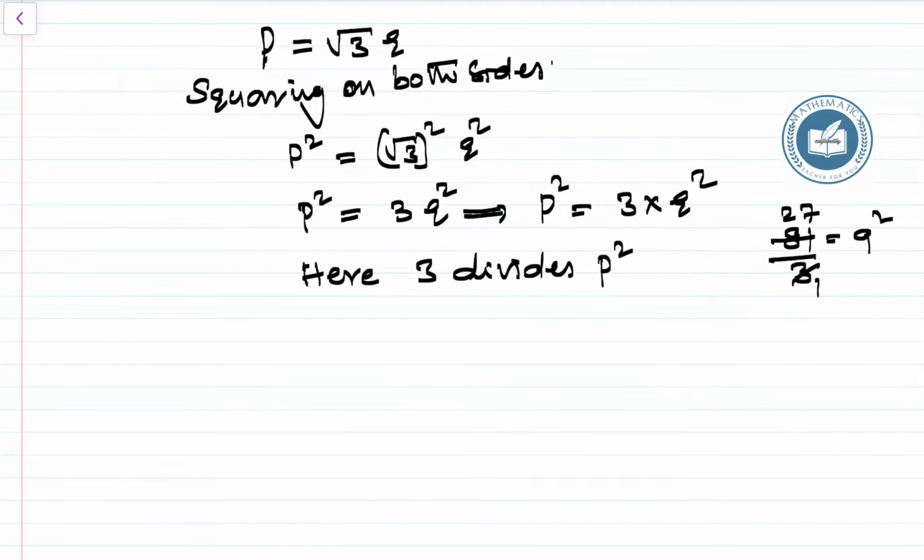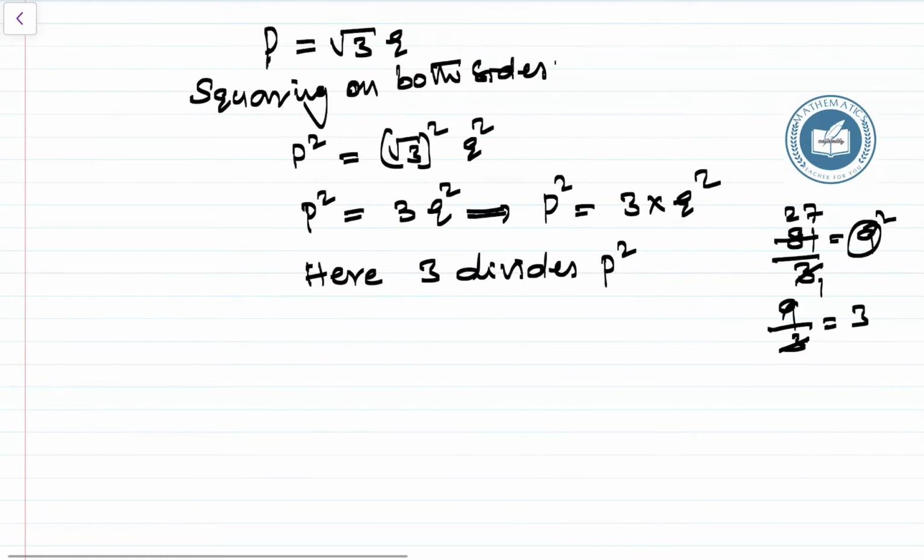Same way, what is the p here? 9. 9 is also divisible by 3, 3 times 3. So it means whenever p square is divisible by 3, p is also divisible by 3. So from this we can write p is also divisible by 3.